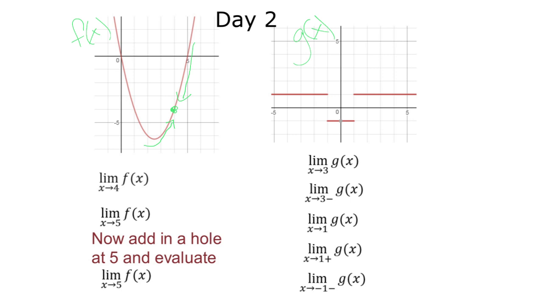Remember what the y value is approaching as you get to that spot. Now, this is a nice continuous function, so there's nothing funky going on. We would just say, hey, it looks like my y value is approaching a -4 right there. So that limit would equal -4.